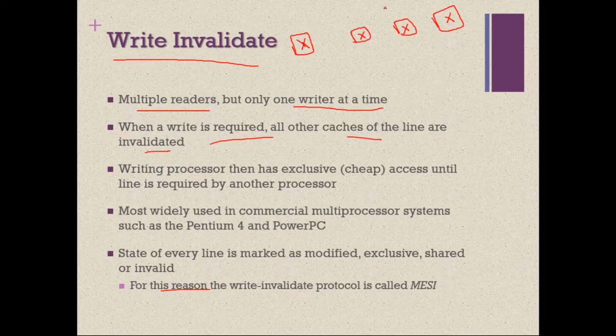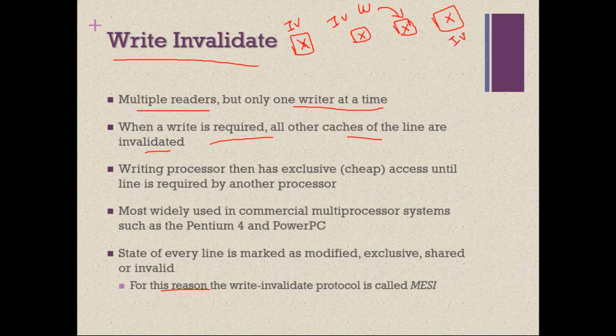Say meanwhile one of the processors wants to update X. Multiple readers are allowed, but only one writer is allowed. Only one processor can write at a time. So this processor is now going to make X into X dash. But before making X into X dash, all the other copies should be invalidated, because X is going to be modified. So this copy is no more valid, and this cache should know that it is invalid.